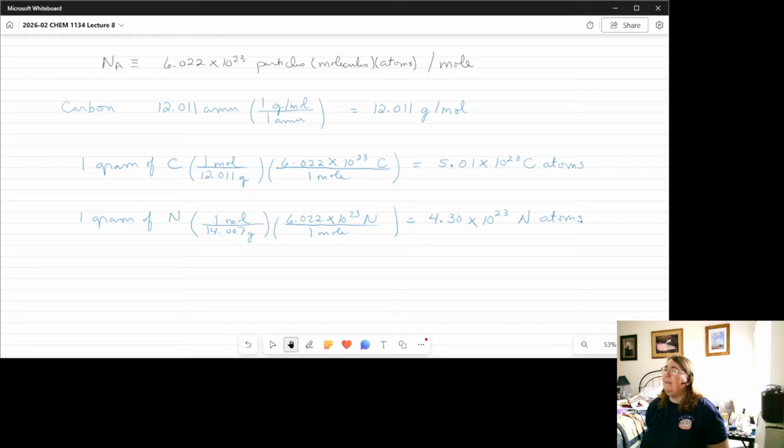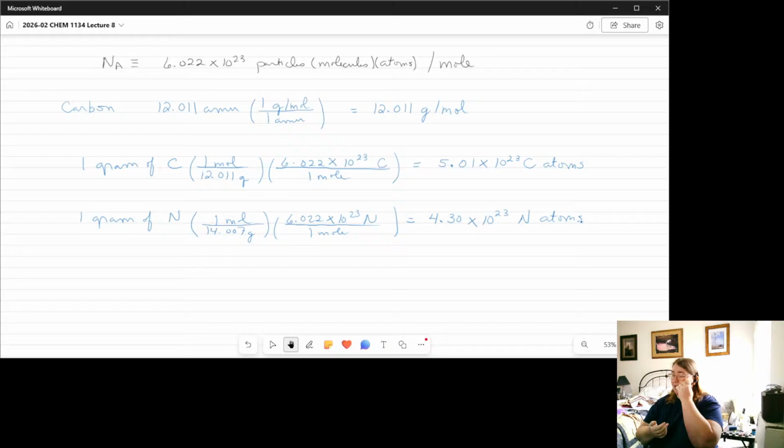So you can see 1 gram of carbon contains more carbon atoms than 1 gram of nitrogen. But when you're working with it in a lab, you just have 1 gram, and that's what you know.